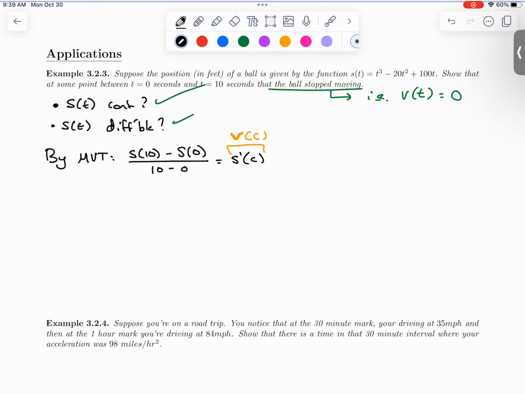So S of 10 is equal to 0. S of 0 is equal to 0. So what we end up with is 0 minus 0 over 10 is equal to v prime of c. So v of t is equal to s prime of t, which is 3t squared minus 40t plus 100.